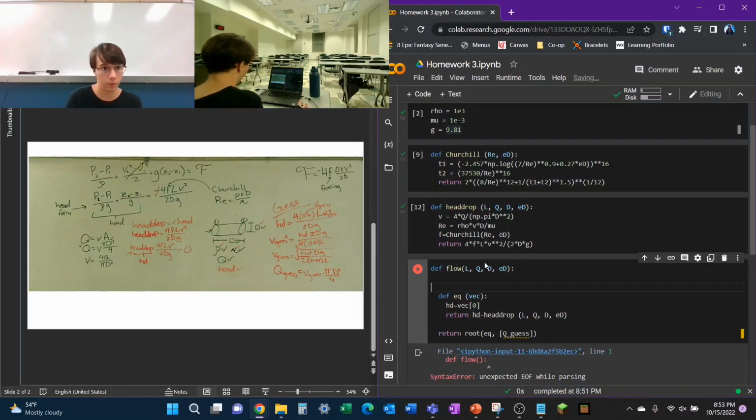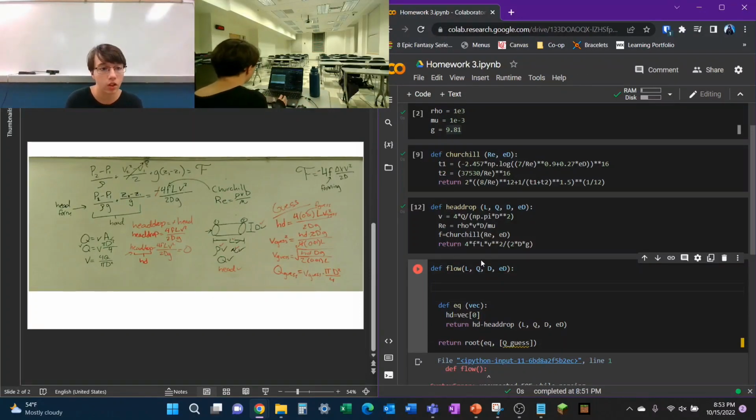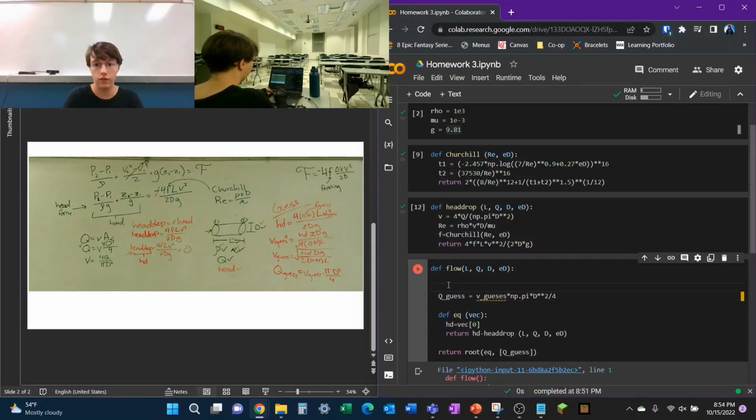And so Q guess is equal to velocity guess times NP pi times diameter squared over 4. And then we need to define V guess above it.